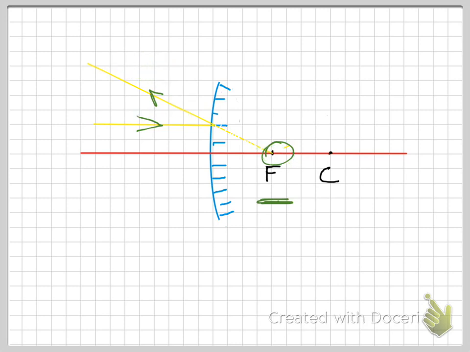So that's one ray. The other ray is one that runs right through the center. If I draw that one, represented by blue, I take my ray from my center and that ray is going to reflect out. This is my incident ray, it comes in and hits the mirror in such a way that it's going straight to the center.